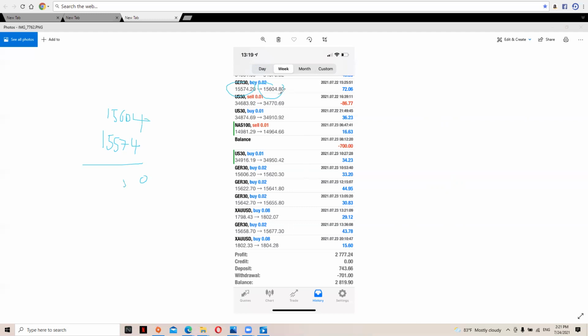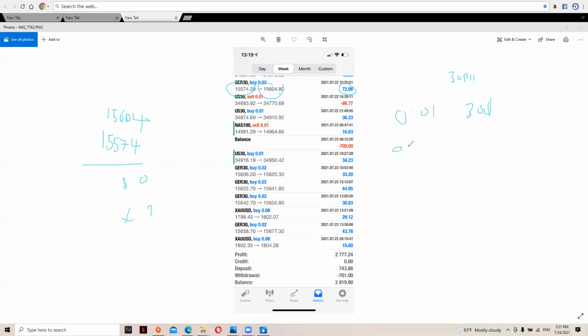But don't forget about these quotes, this spread and everything. So yes, I used 0.02. That means I am going to make times 2. That's why I made times 2. I hope you guys are getting me. So if you're going to use 0.01 lot size and you're targeting 30 pips, that means you're going to make what? $30 per trade.